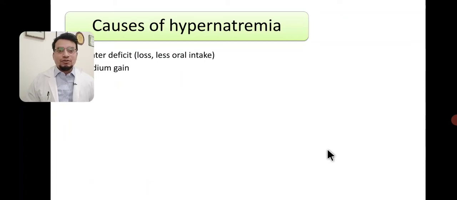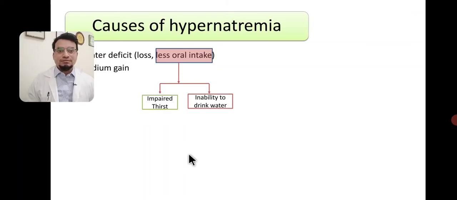Then another cause of water deficit, which is quite common in extremes of ages, is the impaired thirst mechanism and inability to drink water. In ICU, most of the patients are intubated or sedated. They are not able to drink water. They don't have access to water. So they may develop hypernatremia. They are at high risk of developing hypernatremia. Similarly, a patient who is at home, very elderly, has impaired thirst mechanism.